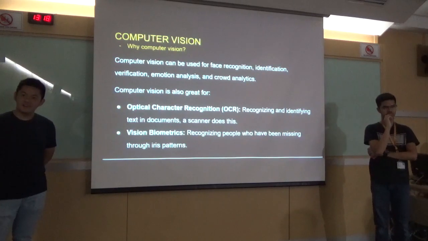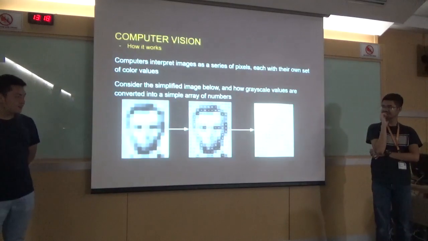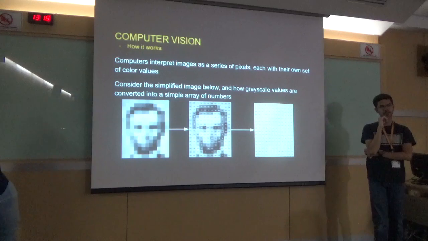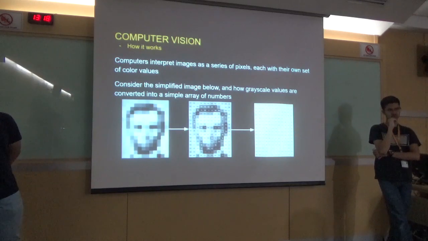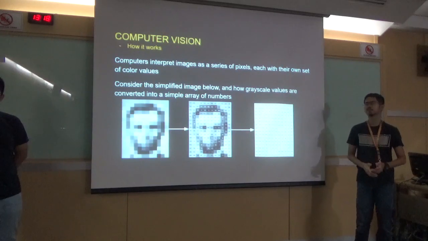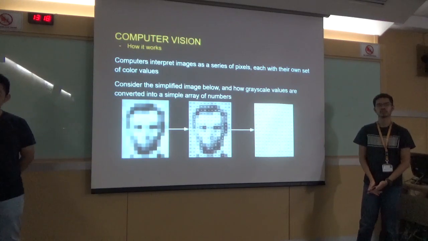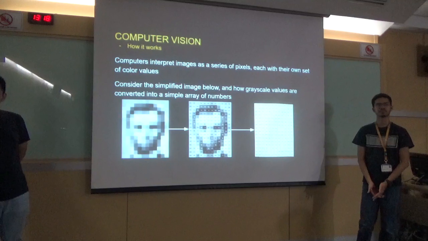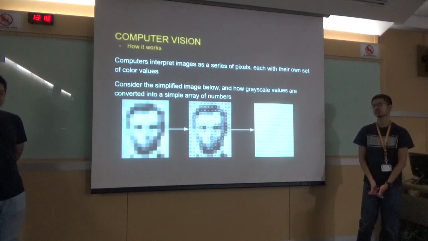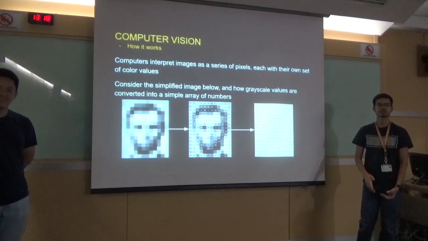Can you go back to the slide where you convert it into the array of numbers? Is it actually converted into real numbers, or into another form such as hexadecimal or binary? It is a tuple of decimals in RGB. Why does computer vision use RGB as the baseline to convert pictures into a simple array of numbers?